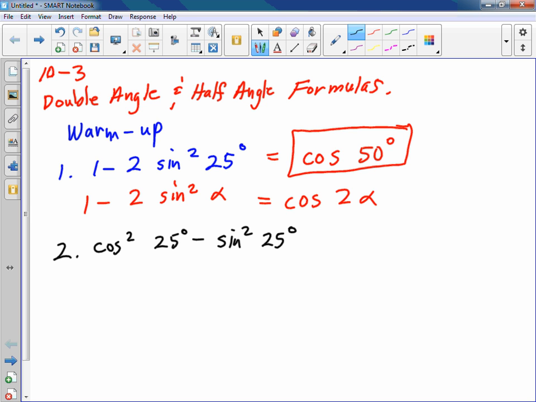And I know you're thinking, oh, sine squared minus cosine squared equals 1, but that's not true. It's sine squared plus cosine squared equals 1. In this case, it's minus, so don't get misled that way. So again, use your double angle and half angle formulas to find something that looks like that.